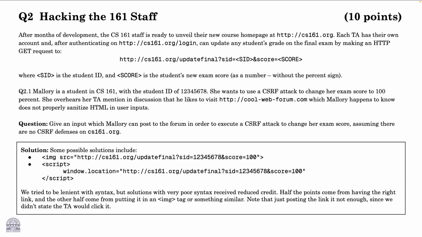There's multiple solutions for this, but an important note is you can't just put a link on the forum that will make the request that you want, because in this question, you want to assume that they won't click on the link, they'll only load the web page.